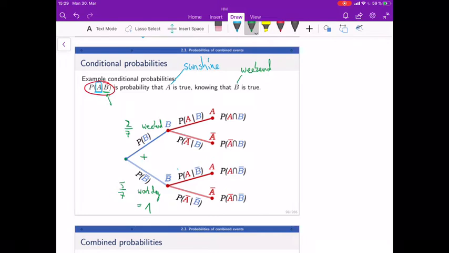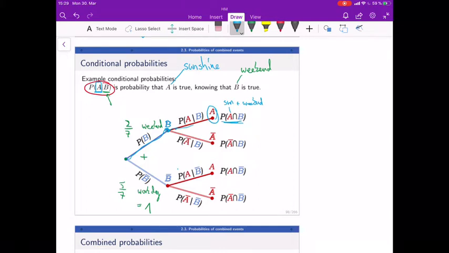And then we could be very lucky. So let's follow the top branch. So it is weekend, we're here, B is true, and we could have sunshine. So again, top branch, we're here, sunshine and weekend. So the probability we get here is the probability of sun plus weekend.